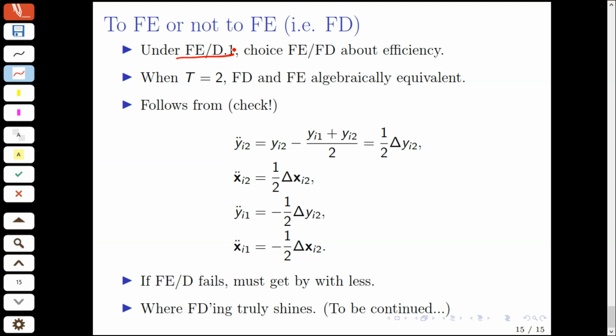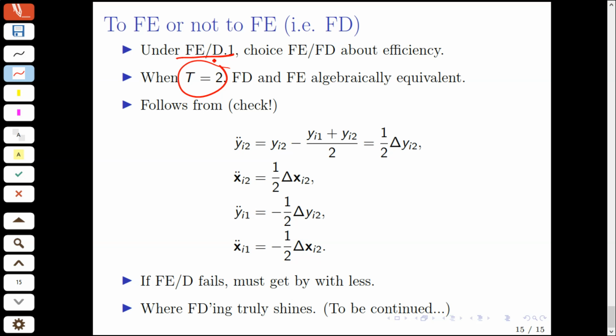However, one may show that in the special case where we just have 2 time periods available, so capital T is 2, then first differencing as well as going within or calculating the fixed effects estimator are algebraically equivalent.